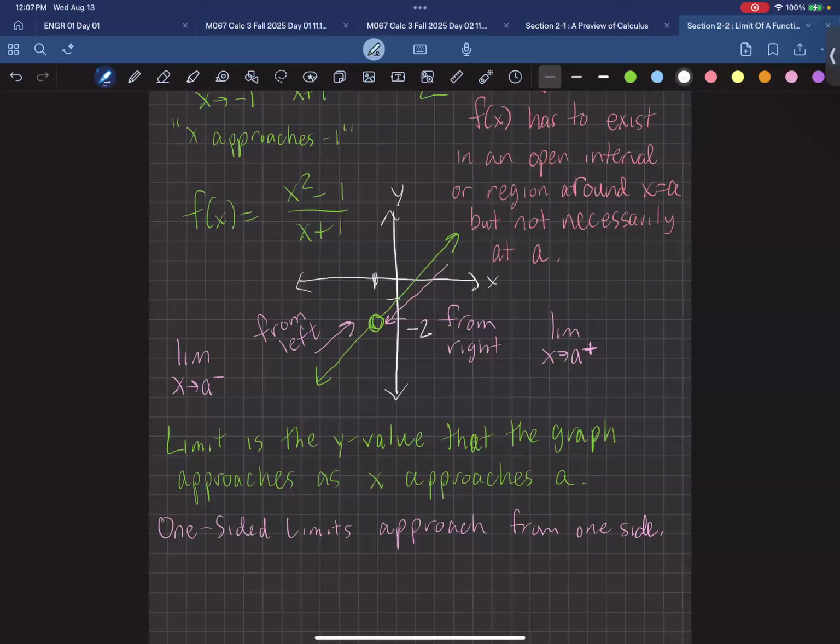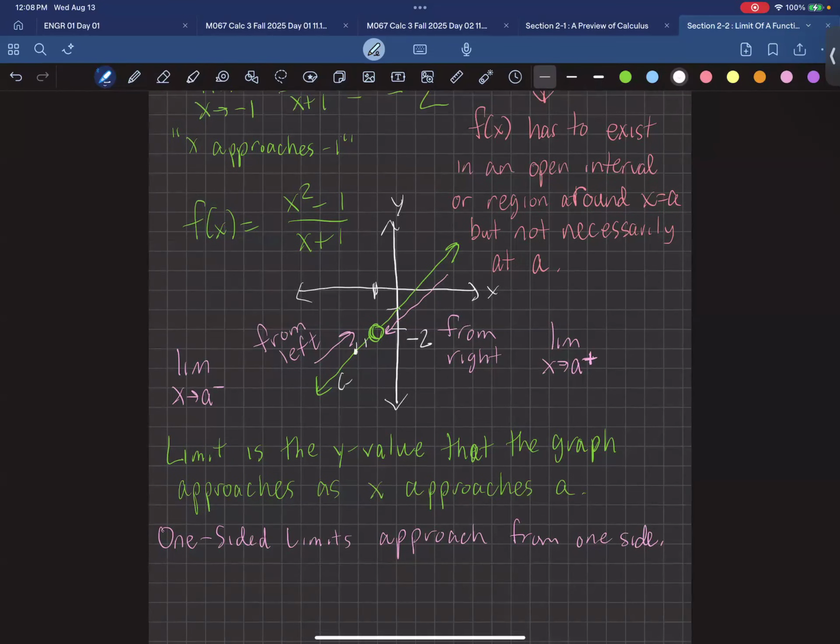So this is x equals -2, and we have y equals -3 there. And as we get closer, this value is getting closer to -2, and maybe -1.5. At -2 this is like -3.